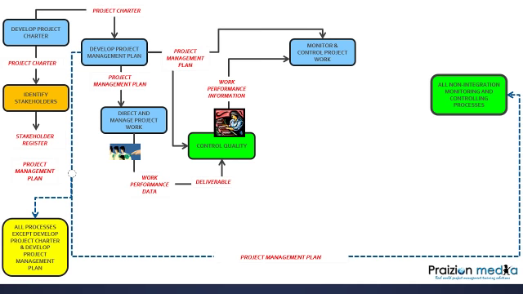So just remember, if it's called control X, then work performance information comes from it. And if it's called monitor X, where X is the name of whatever you're monitoring, work performance information also comes from it. So work performance information is an output of control quality, control schedule, control cost, control scope. See? Monitor communications and monitor stakeholder engagement and monitor risk and control procurement.